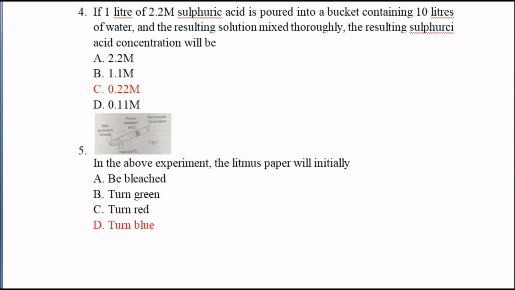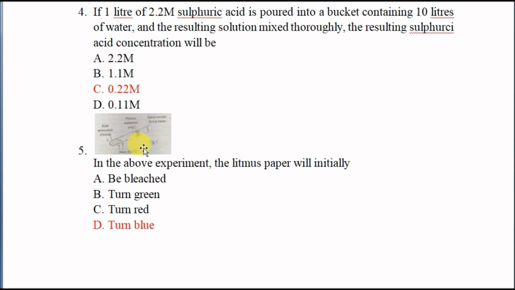So considering what is in the diagram, you can see ammonium chloride being heated to 350 or 250 degrees Celsius. Then you can see a porous asbestos block. Then you have the damp neutral litmus paper put in.